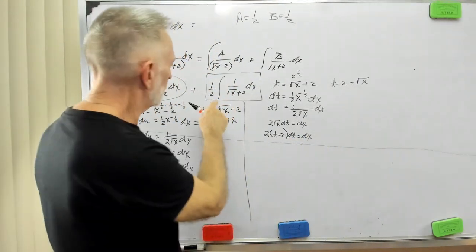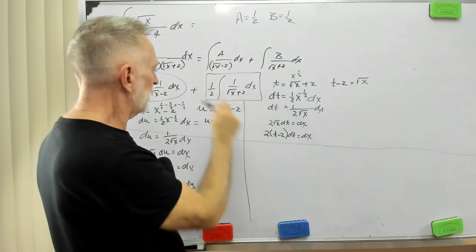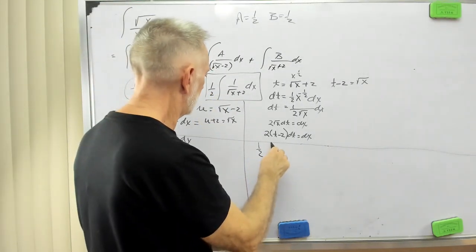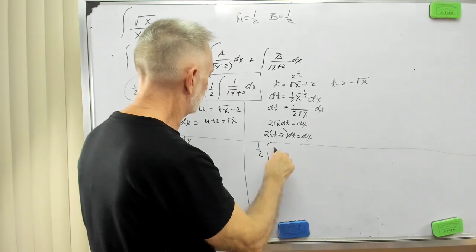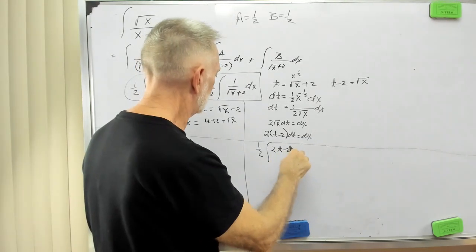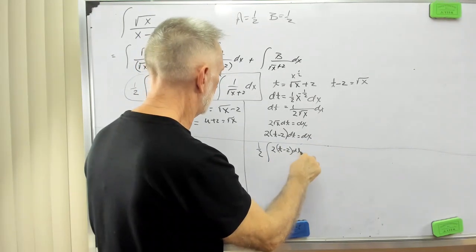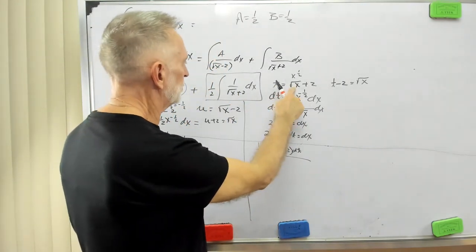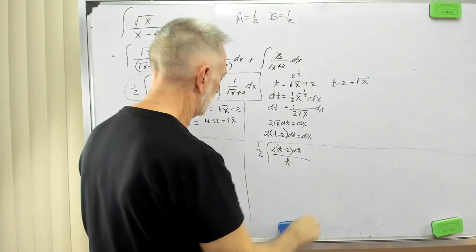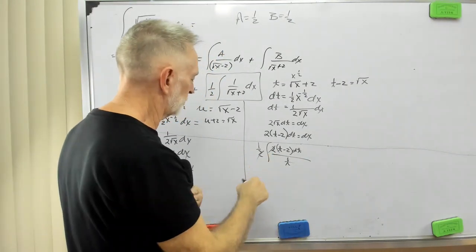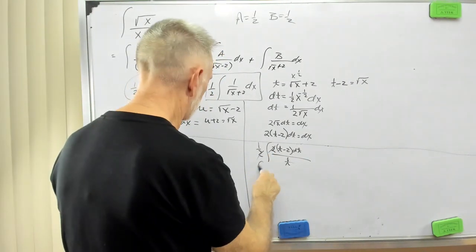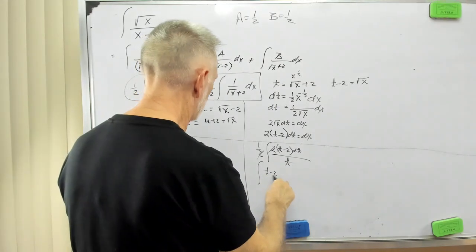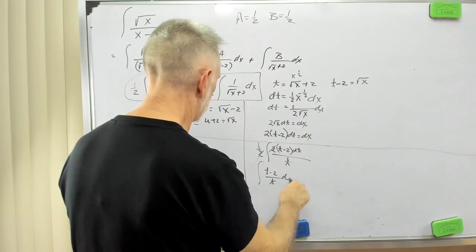All right, let's go. Recall we're working on this guy here. That's 1/2 the integral of 2(t minus 2) dt over square root of x plus 2, which is t. Again, the 2 cancels. I have the integral of t minus 2 over t dt.